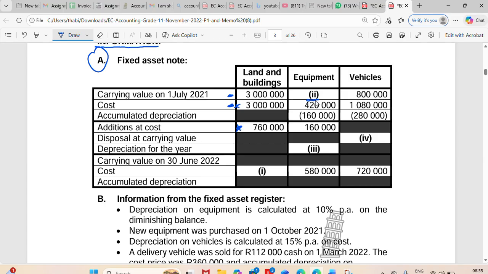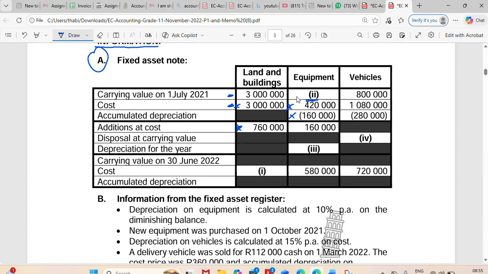Roman figure number 2, equipment. We want the carrying value at the beginning of the year. We have the cost price of 420,000 at the beginning of the year, and also the accumulated depreciation at the beginning of the year is given. How much is it? It is 160,000.